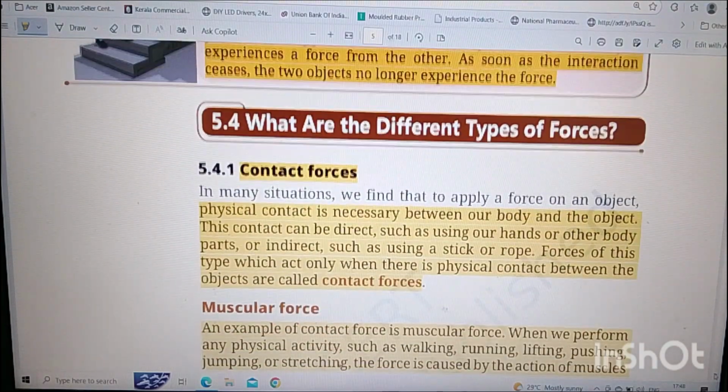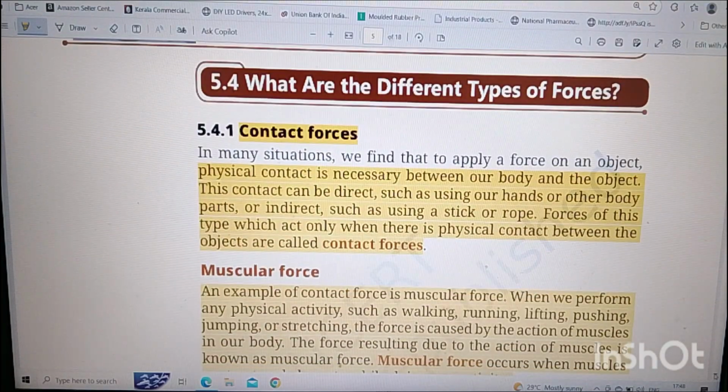Now we are going to learn different types of forces, which is also very much needed from an exam point of view. Here we are going to learn two types of forces: one is contact forces, the second is non-contact forces. Let's begin with contact forces.